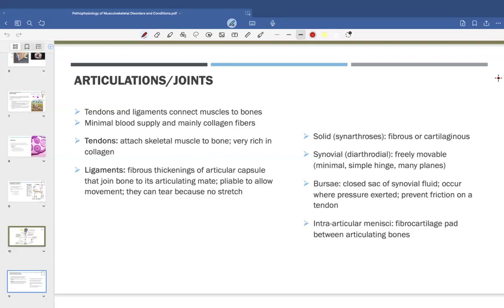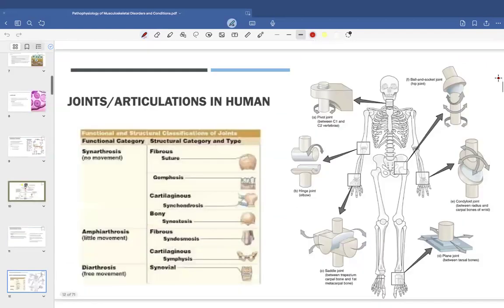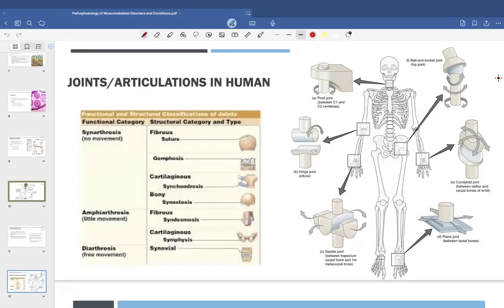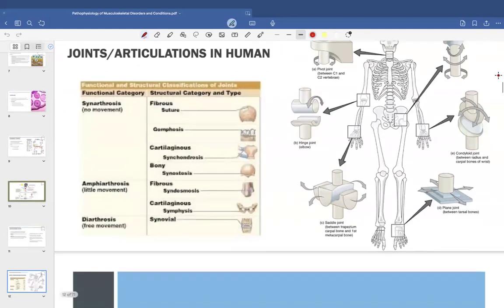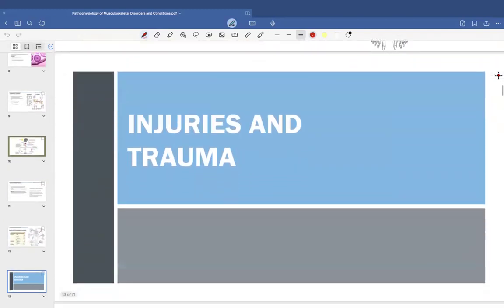And then you have your intra-articular menisci, which are the denser cartilage between the ends of the bones, and they're supposed to provide smooth, fluid movement. These are your different joint articulations, okay? If you don't remember, it would be helpful for you to review.